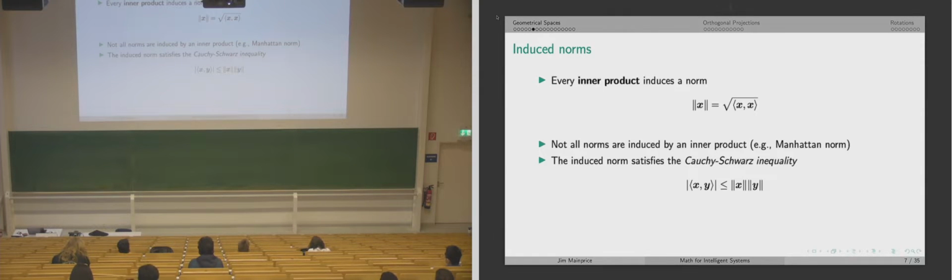The induced norm satisfies the Cauchy-Schwarz inequality, which is that. And a normed vector space is a tuple of this form, a vector space with a norm, which can be an induced norm. So if it's an induced norm, then we get a normed vector space immediately from an inner product space.